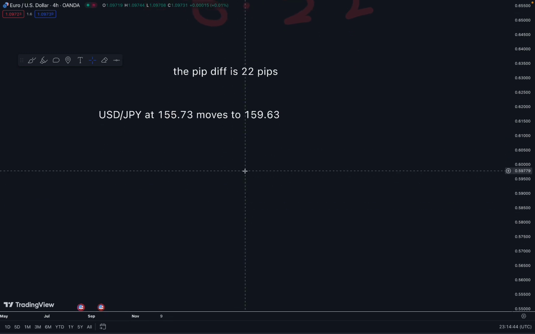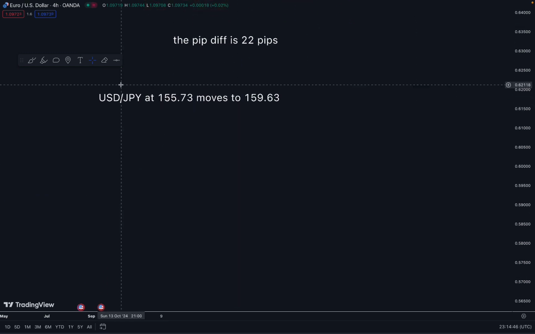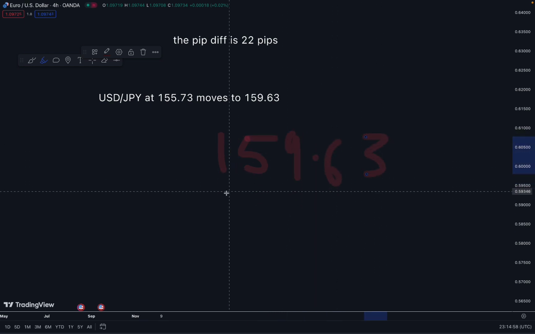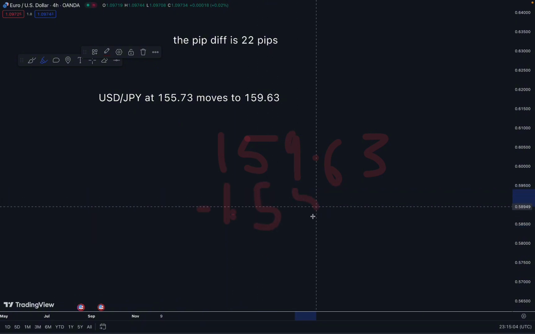For us to know the pip difference, we subtract the smaller number from the bigger number: 159.63 minus 155.73.